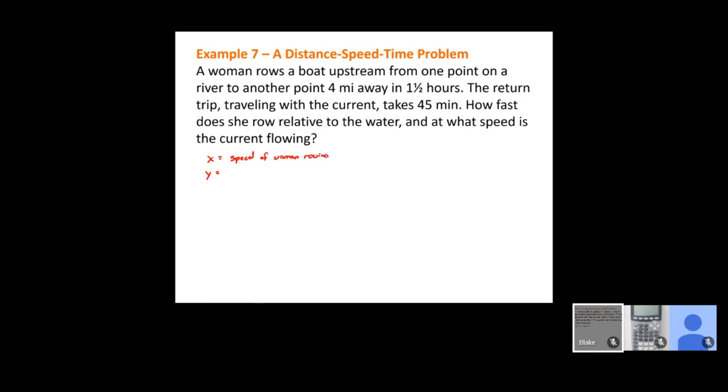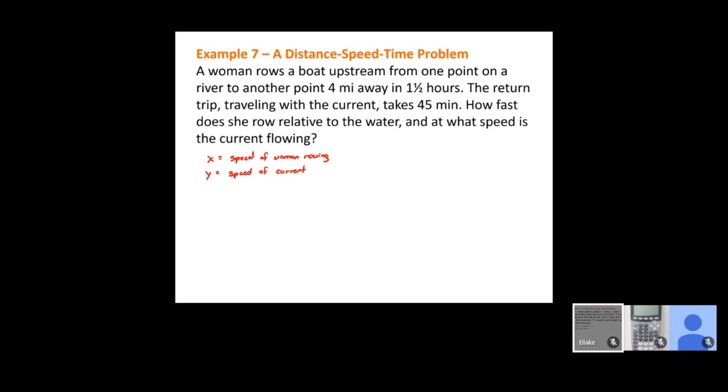And then what would our Y value represent in this case? The speed of the water. Good. Okay, so speed of the water or speed of the current, however you want to define that. We're looking for 2 different speeds: the speed that she's rowing and the speed that the water is flowing.